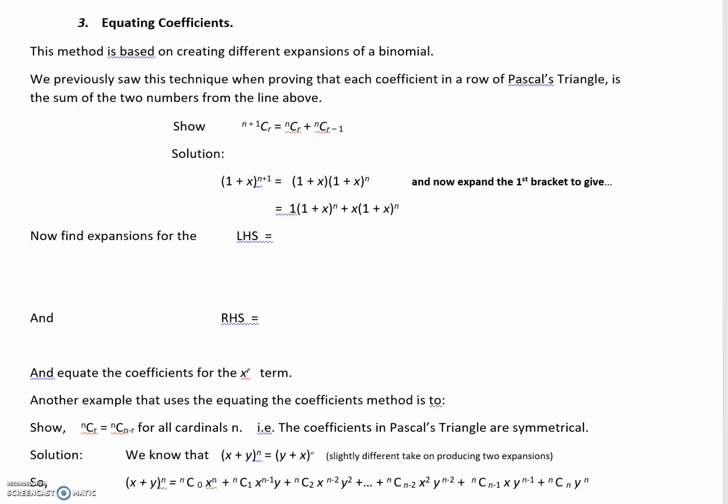And I will go through those identities that were created from the features of Pascal's triangle, again here to demonstrate the method and point out some features and show how the method gets varied, just to develop a broader understanding of this equating coefficients.